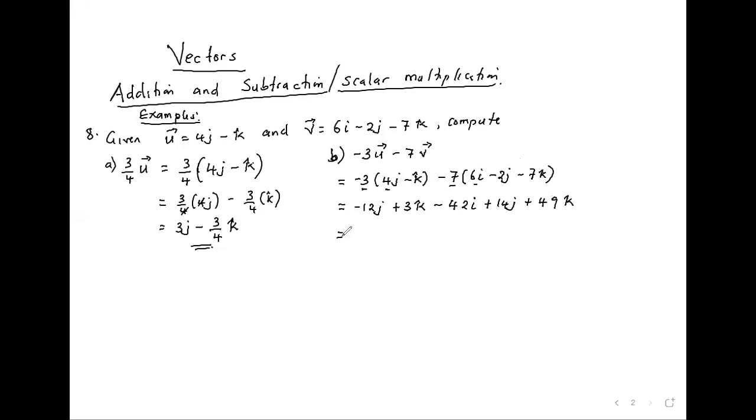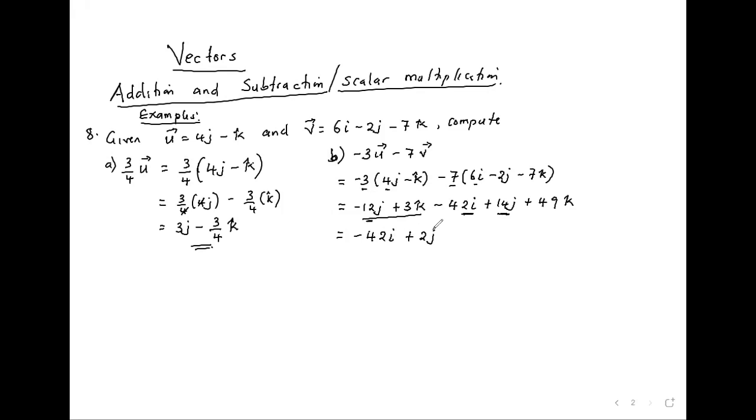And then what next? Well, you add each component to its respective component. Here we don't have i; the only i we have is here. So we'll start by writing negative 42i. Like terms with like terms. Then negative 12j plus 14j becomes plus 2j.